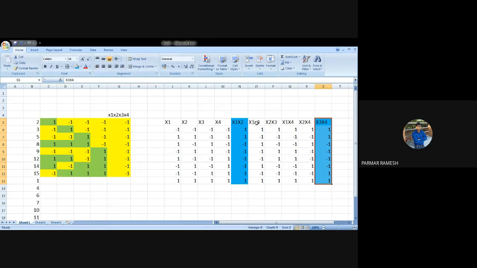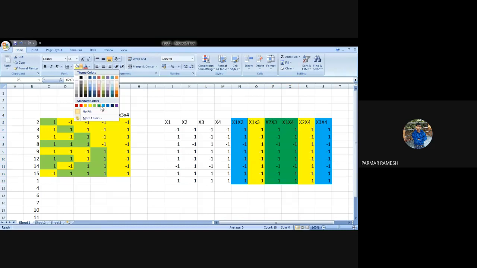Similarly, the column of x1x3 is exactly equivalent to that of x2x4. And the lines of x2x3 and x1x4 are also equally similar. So now we cannot differentiate when we are calculating the y, the coefficient.